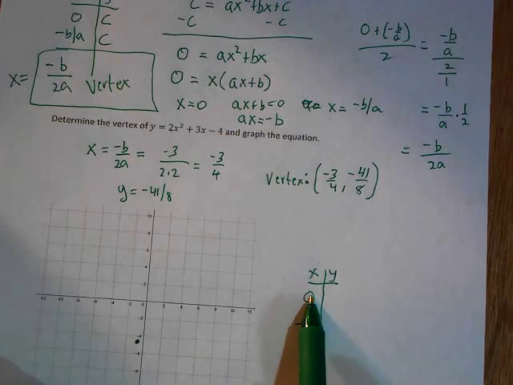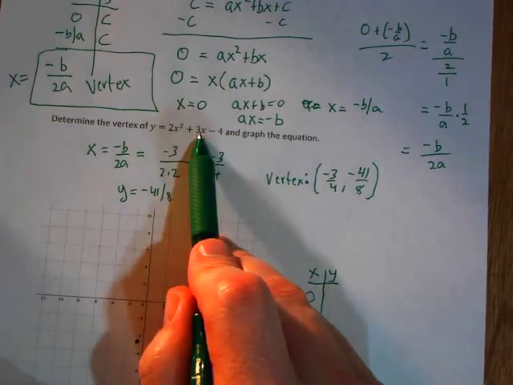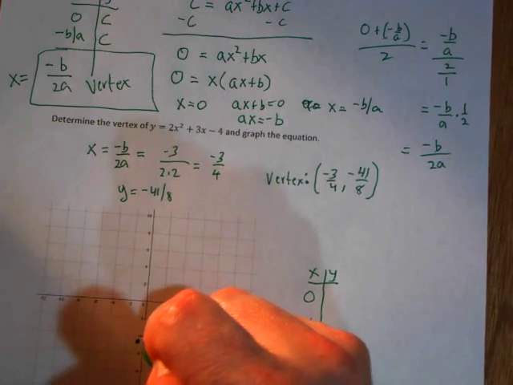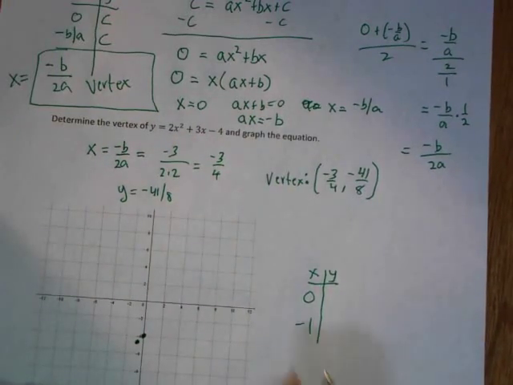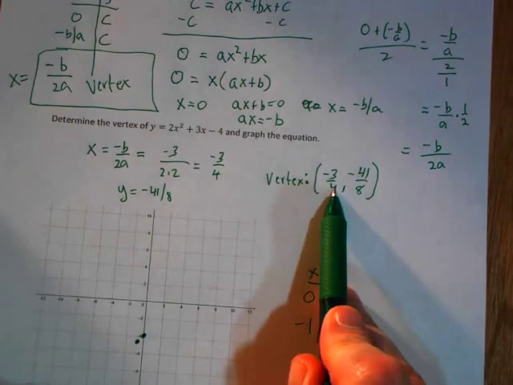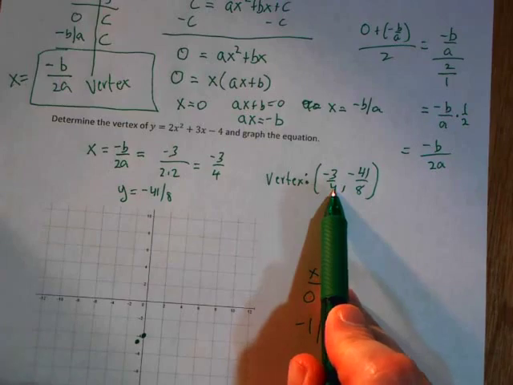If I plug in 0, it's a nice easy one to do, I get negative 4. That's right there. Now notice I'm not going to get symmetry this time because I went 3/4 of a step to the right, and I'm only going a quarter of a step to the left. When your vertex comes out to be fractions, you kind of lose the symmetry deal.